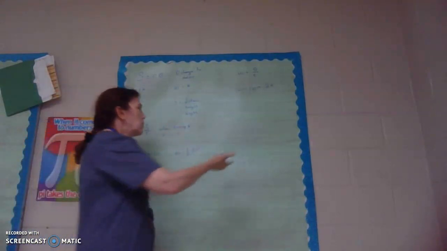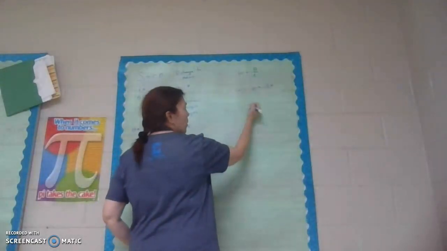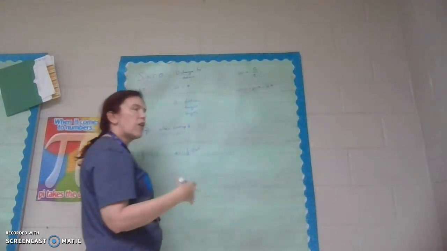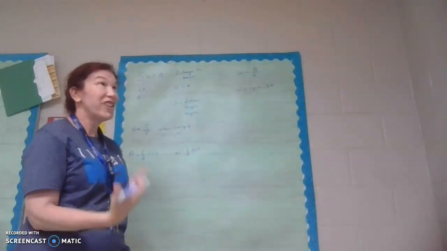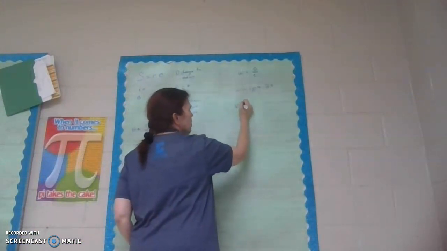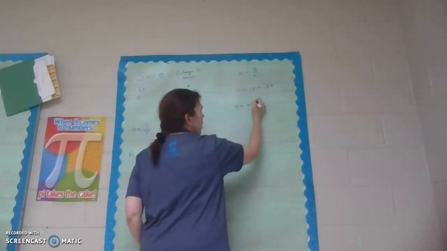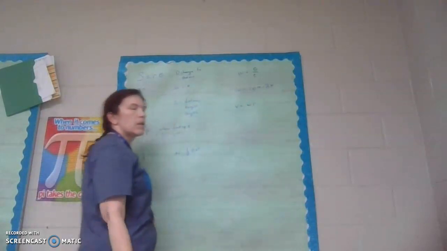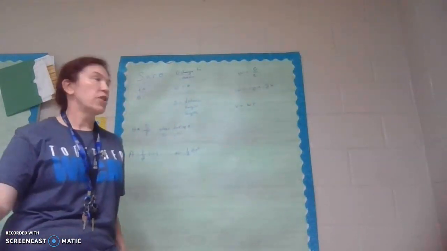Or, I'm sorry, how fast are you going? That's linear velocity, v, and v is the same as omega times the radius, because it's distance over time.